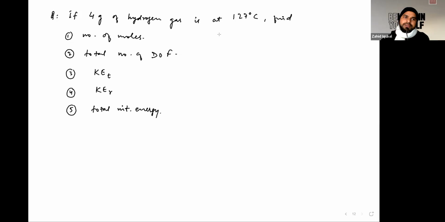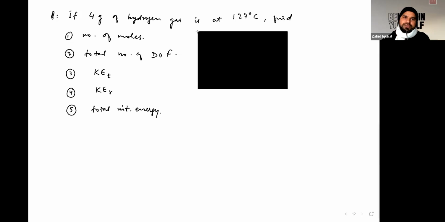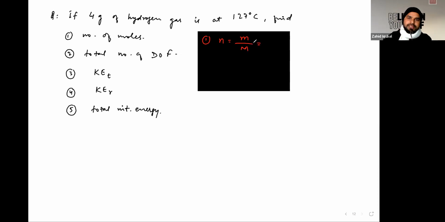First, we have to calculate the number of moles. We have been given the mass of hydrogen gas, that is 4 gram. According to the formula, number of moles is equal to given mass by molar mass. How much mass have we been given? 4 gram. Molecular mass of hydrogen gas is? Fatma, tell me the molecular mass of hydrogen gas.